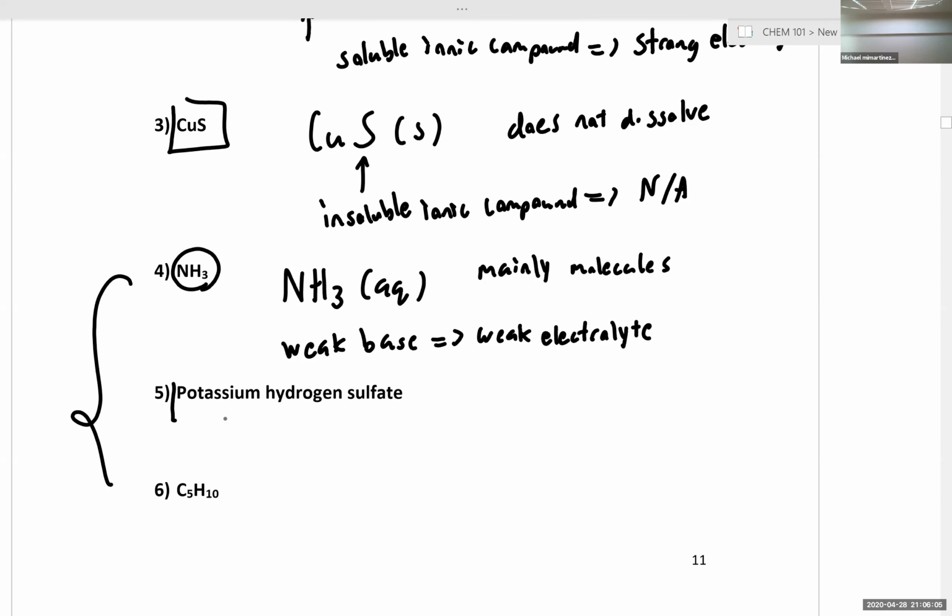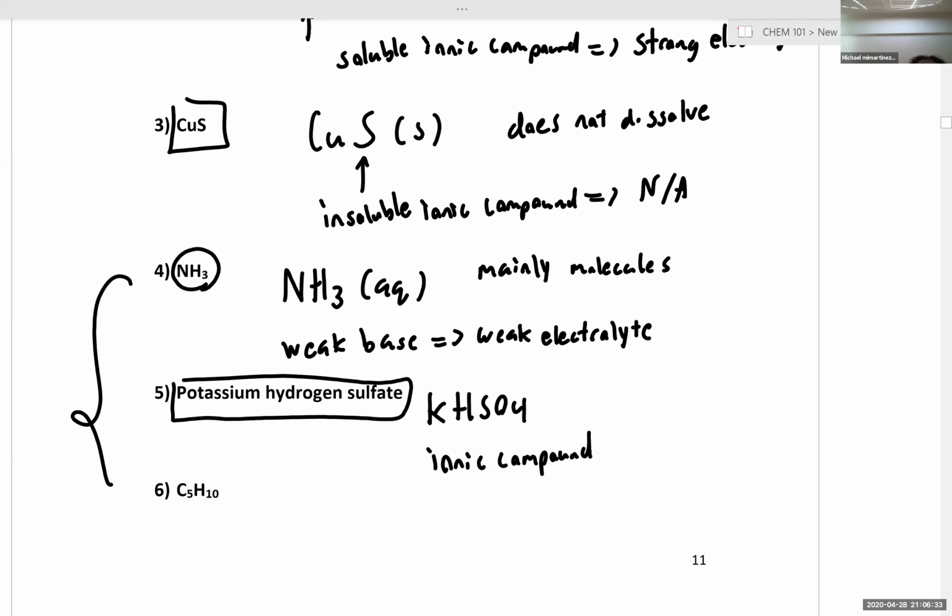Okay, potassium hydrogen sulfate, which is KHSO4. Is this a strong, weak, or non-electrolyte? To answer this question, what is potassium hydrogen sulfate? Is it ionic, molecular, is it an acid, is it a base? Yep, it's an ionic compound. And is it soluble or insoluble? Now you're going to have to go to the solubility table.